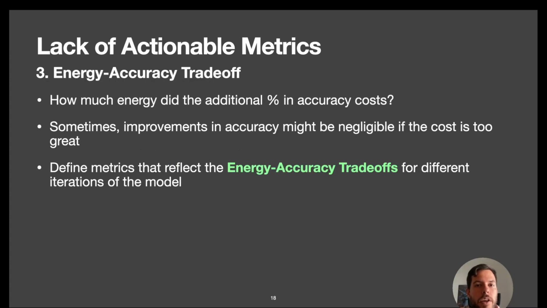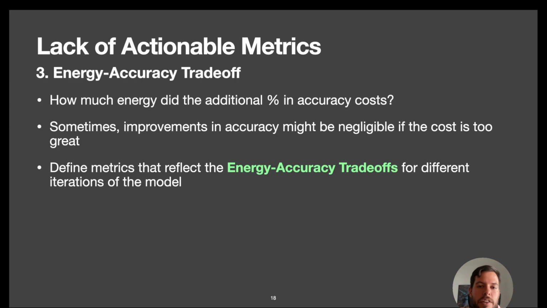And finally, another research avenue would be energy accuracy trade-off, which would reflect, when trying to maximize accuracy, how much energy an additional percent in accuracy costs. Is it worth increasing the accuracy by 0.05% if it's going to cost me 2 times the energy?